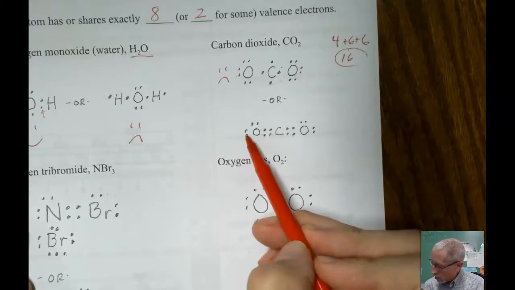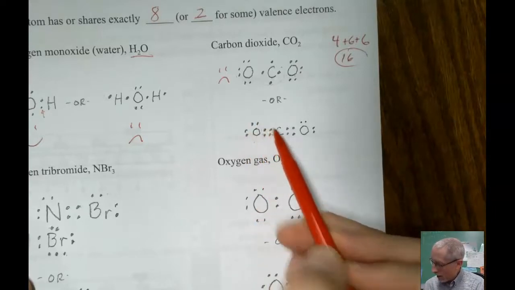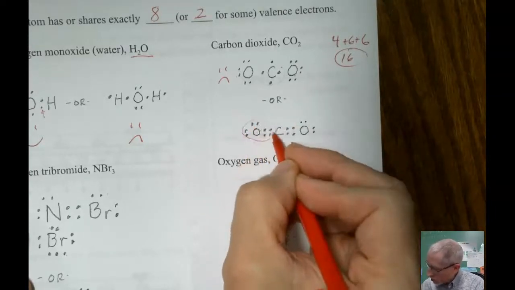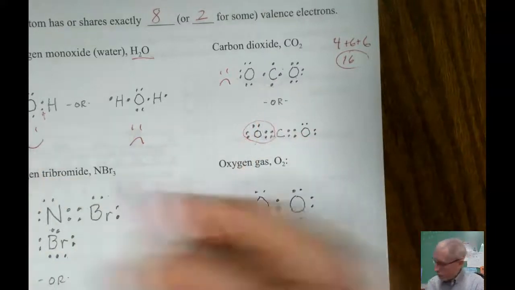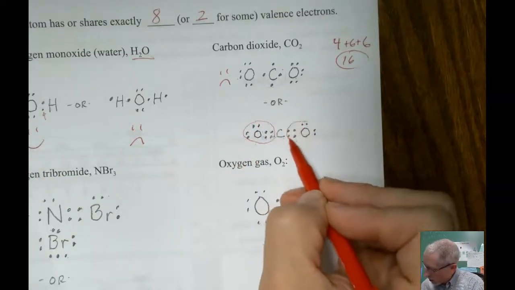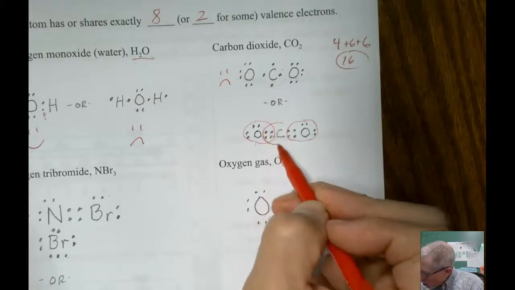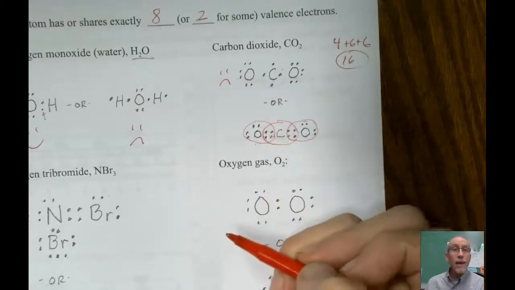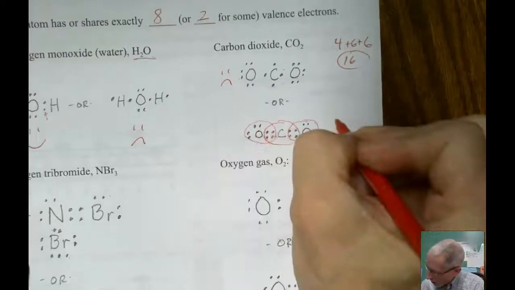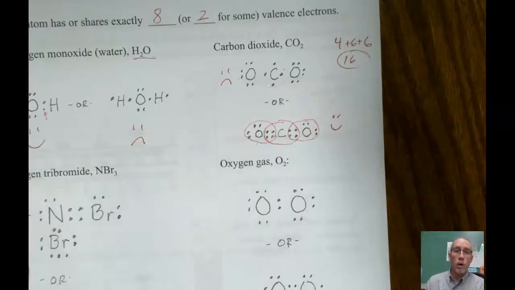So now this oxygen, 1, 2, 3, 4, 5, 6, 7, 8, maybe circle it here so you can see the 8 that oxygen can claim. This oxygen similarly can claim 8, and the carbon, 4 on each side, it has 8. So that is a good arrangement that will work.